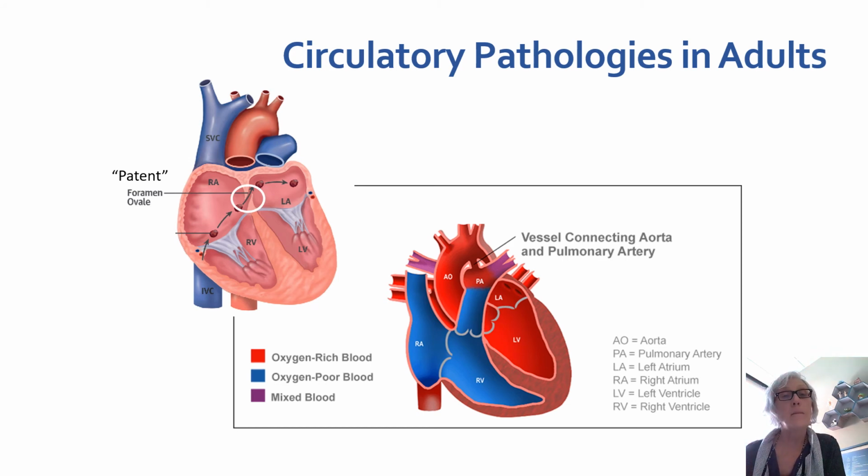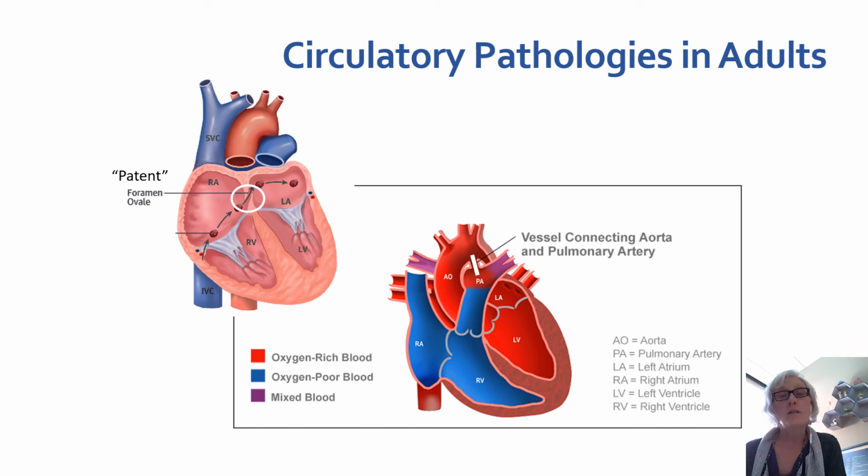Usually a person would go to the doctor because they were feeling unusually tired, were unable to participate in active sports, or were having shortness of breath. The ductus arteriosus sometimes also does not close fully. Here is the ductus arteriosus moving between the pulmonary artery and the aorta.